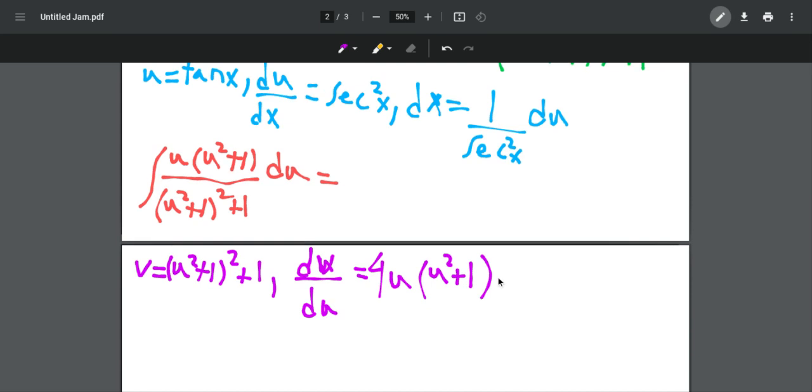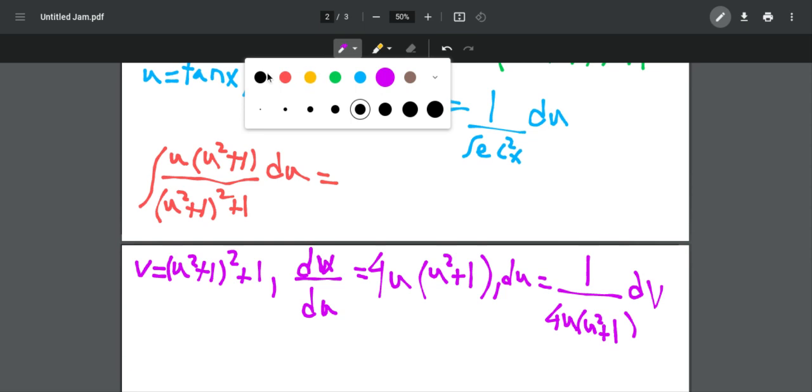Solving for du, we get du is equal to 1 over 4u times u squared plus 1, multiplied by dv, because we're changing the variable.